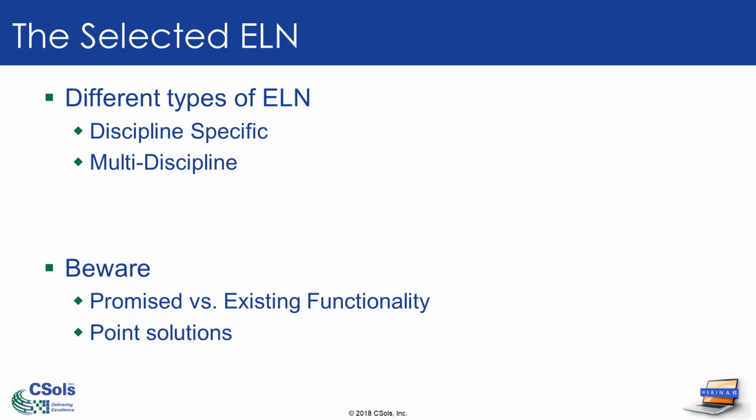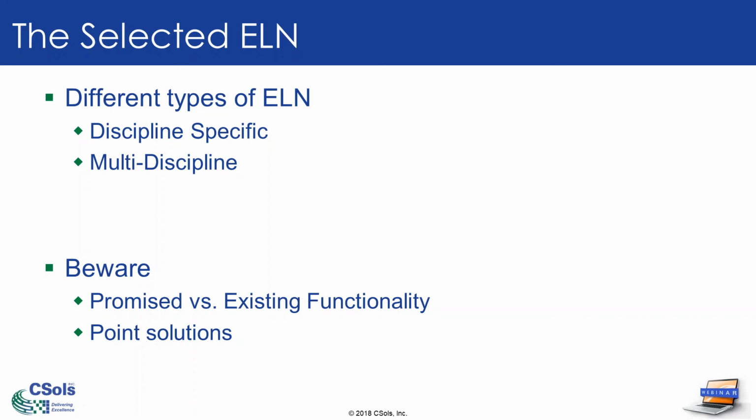So there are reasons why you would select either a single discipline specific ELN or a multidiscipline ELN. And as you can imagine, if you have selected a multidiscipline ELN, there are probably some features that exist in the single discipline ELN that don't exist in the multidiscipline ELN.